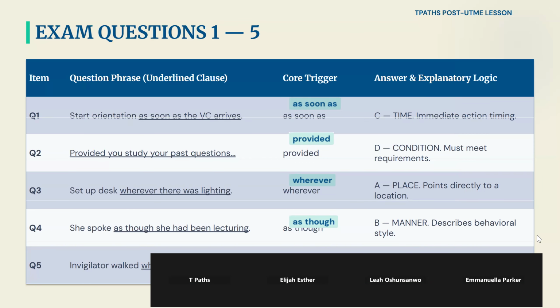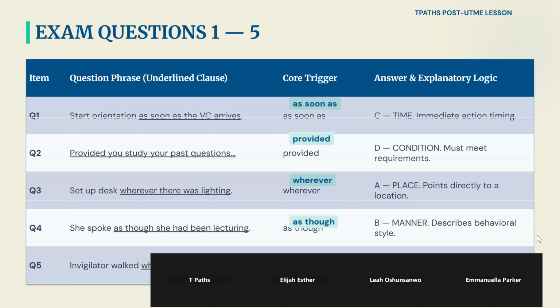Okay, the first question: "Start orientation as soon as the VC arrives." I said the first thing you should pay attention to is that you don't need to read all the questions, just look for the trigger word, "as soon as." What question does this answer?